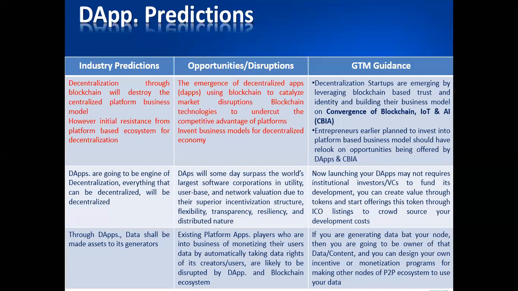However, there is initial resistance from the platform-based ecosystem to decentralization. I keep interacting with many platform-based vendors, and 90-95% of them are not bothered about what else is happening with blockchain. They may not even be aware that one day this blockchain technology is going to kill their platforms.